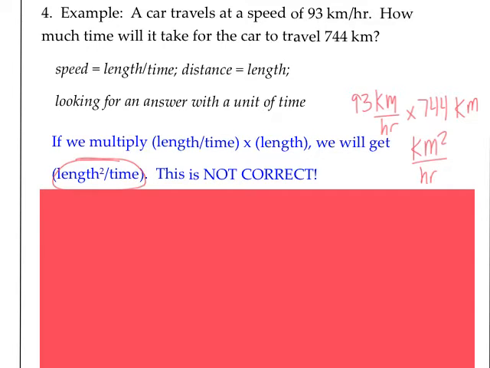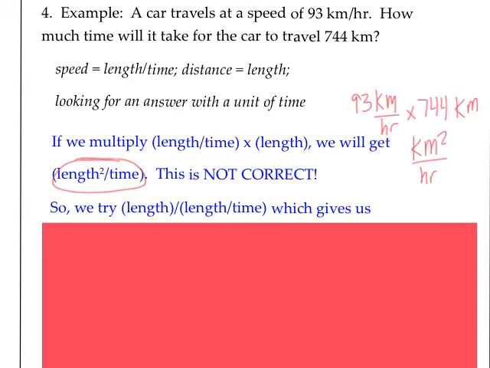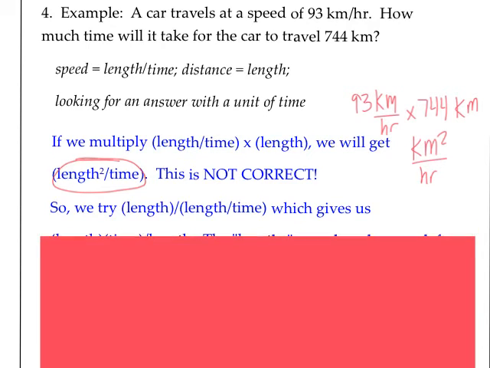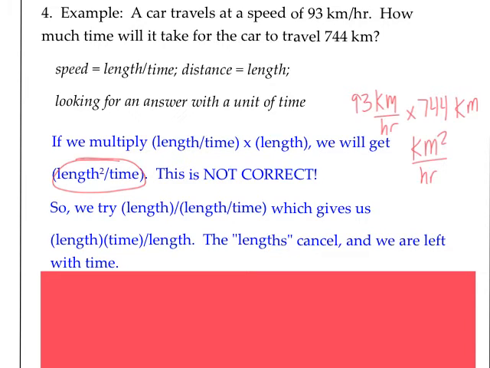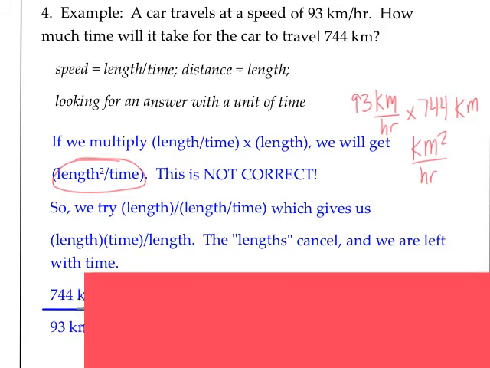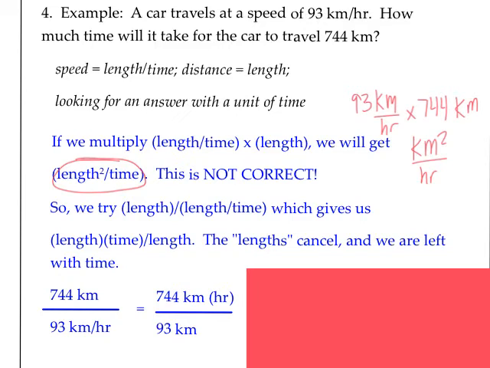You don't need to multiply those two numbers together. So if we try another way and say length divided by length per time, then those lengths would cancel. Okay. So if I had my kilometers number and I divide by kilometers per hour, you know that when you have a double fraction here, you can multiply by the reciprocal.